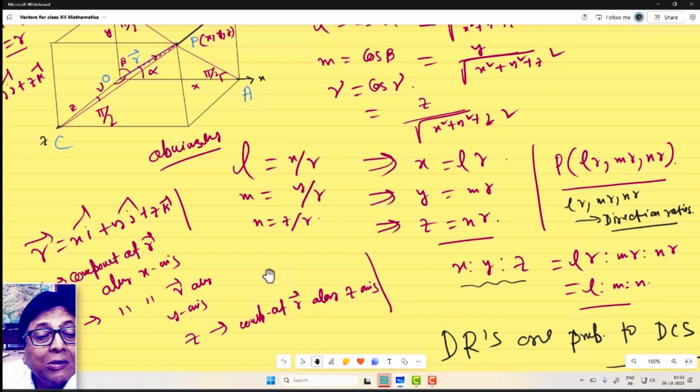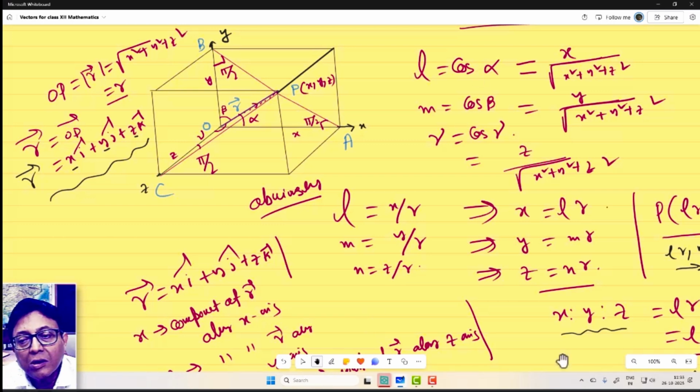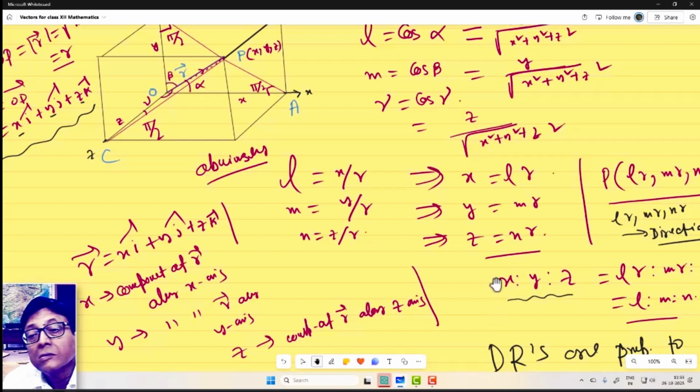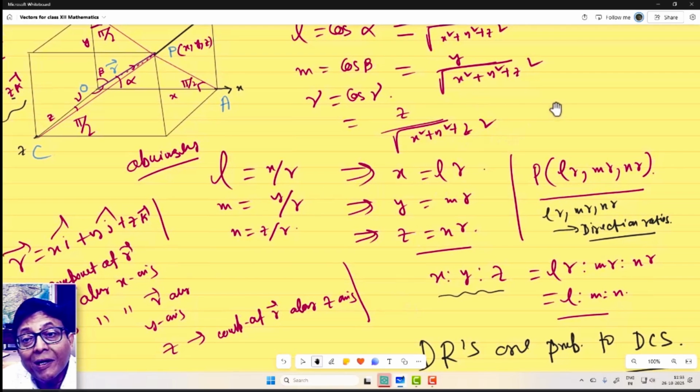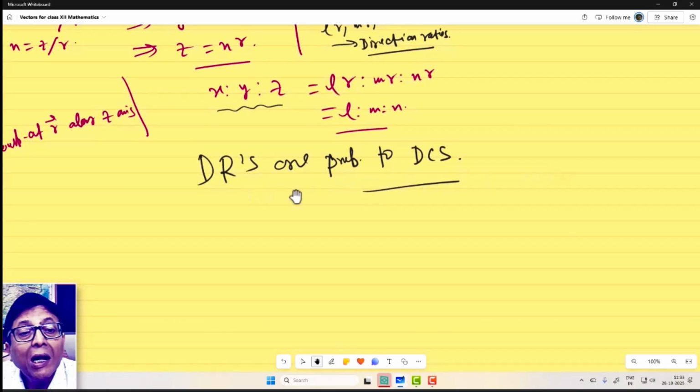And what are direction ratios and direction cosines once more? In r equal to xi, yj, zk, x, y and z, I mean the coefficients of i, j and k, the components of the vector along the x, y and z axes, are called direction ratios. And x by r, y by r, z by r are called direction cosines. And DRs are proportional to DCs.